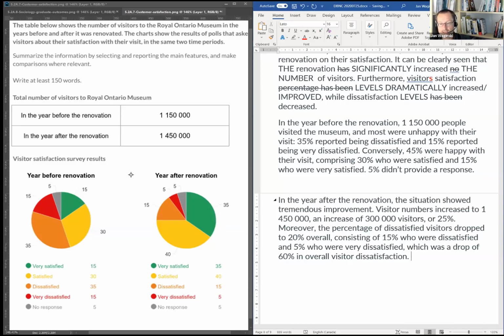What does our last part have to be about? No response. And the same 5% no responses. No, see, we did the dissatisfied ones, then the happy ones, and then the no response. So we've got happy now. Good. Okay, what should I write about the happy ones?